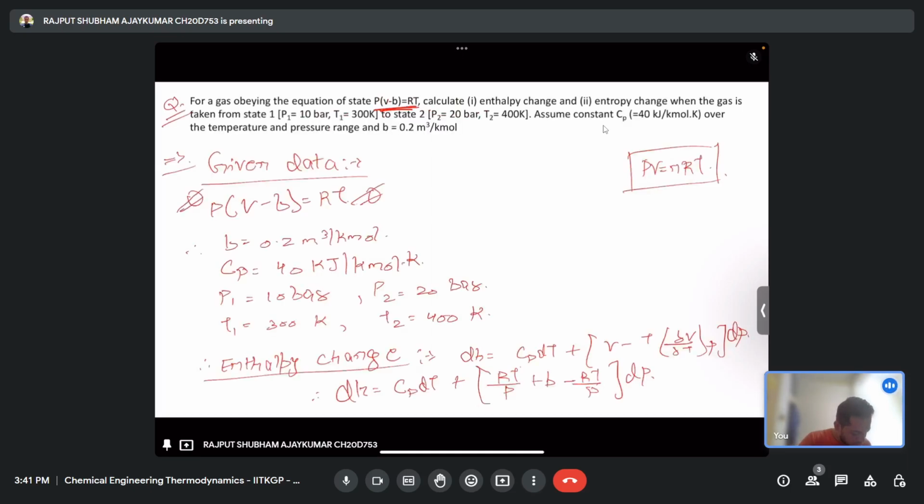So now what I'm having is dH equal to Cp dT. Now how this came is that these two terms will cancel out, the Cp dT and V into dP. So this is what I have written up here.